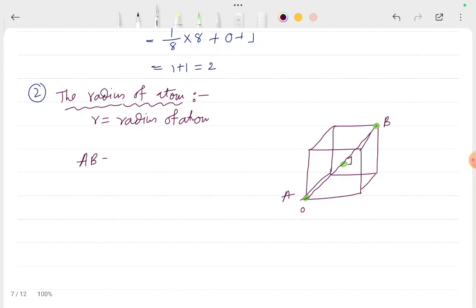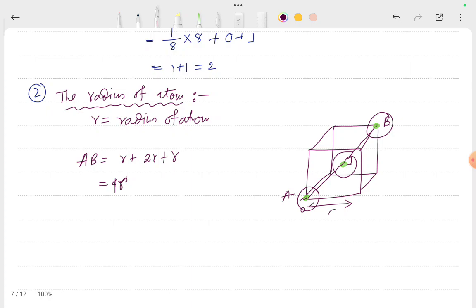So AB is nothing but R plus 2R plus R. For this atom we get only R value, for this atom we get R plus R, that means 2R, and for this atom we took only R value, so that is equal to 4R.